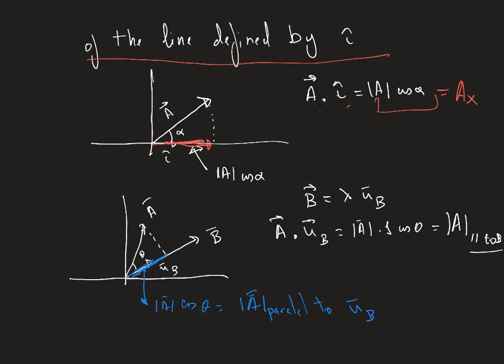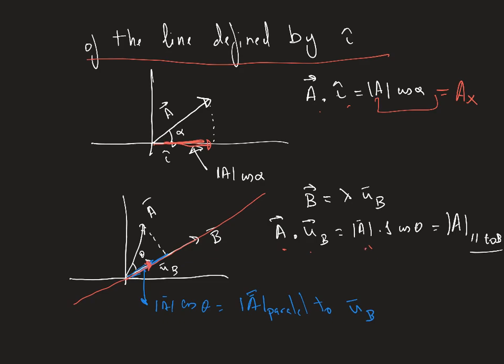Suppose that I can use it not only to find the projection of the vector into the line i, I can use it to find the projection of the vector A onto the line of the vector B. This is the direction of the vector B, and this is a unitary vector in the direction of B. So what is A scalar u sub B?